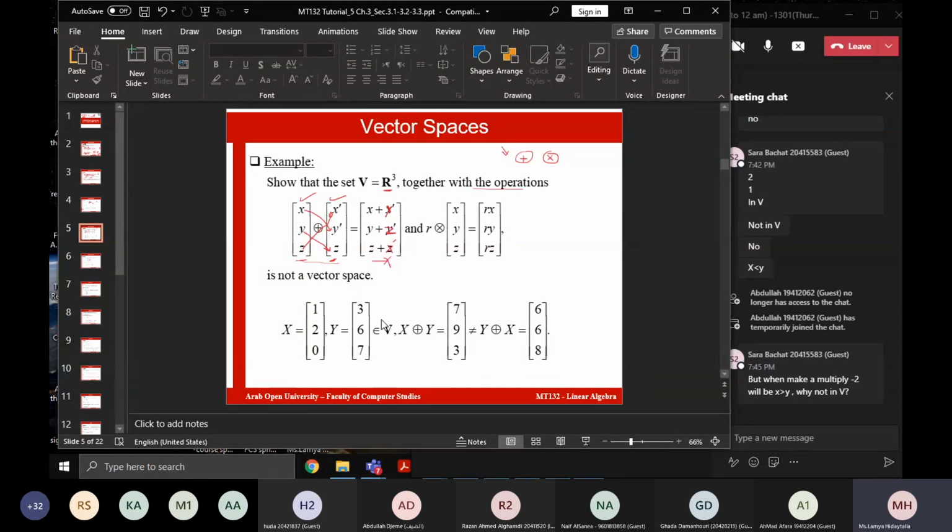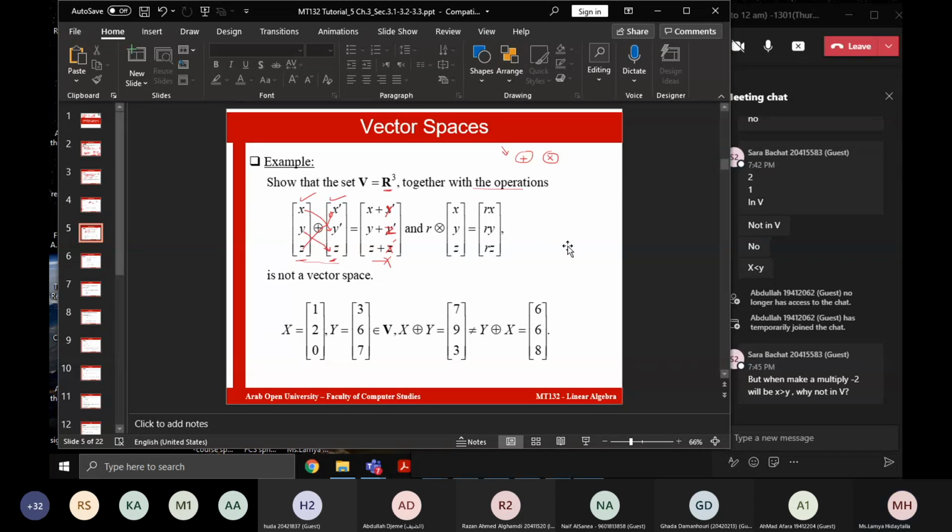So he told you that if we define this addition in this way, and the multiplication by scalar as per the normal way, our standard way of multiplying the vector times a scalar, now is this going to be a vector space or no?